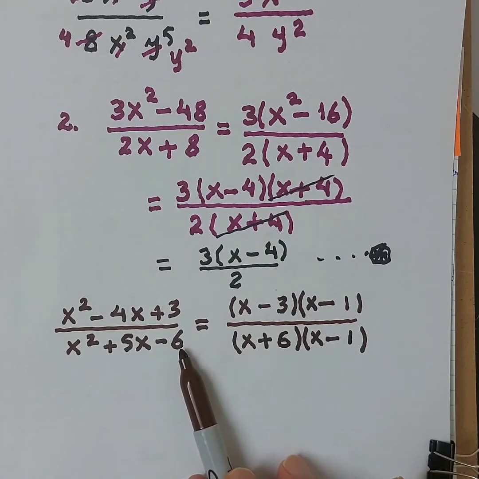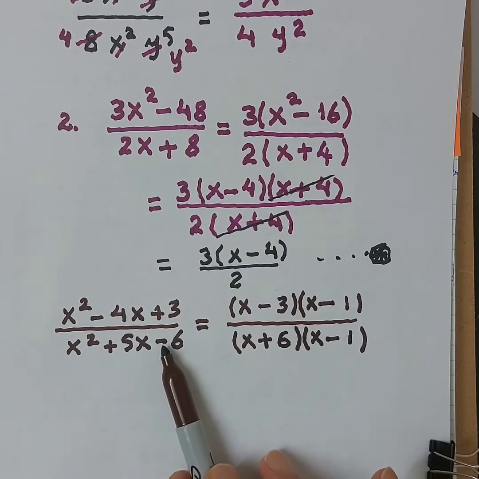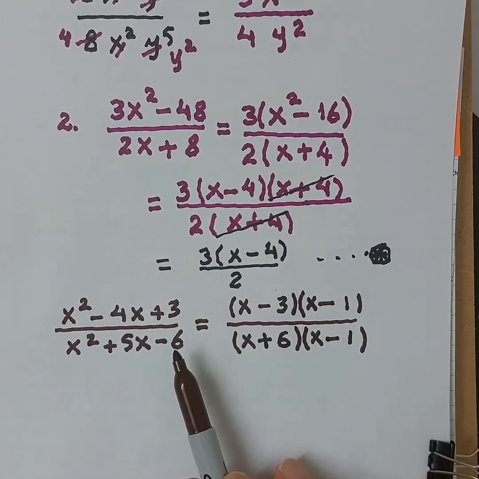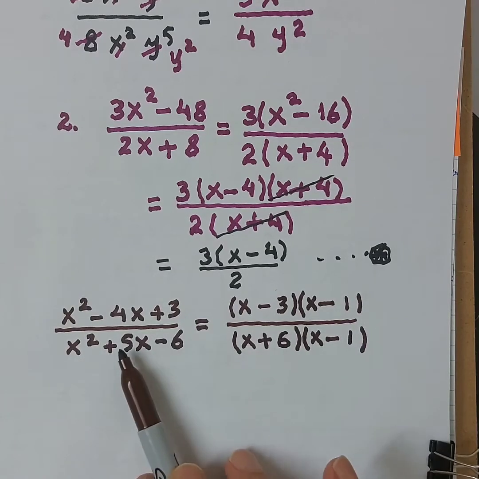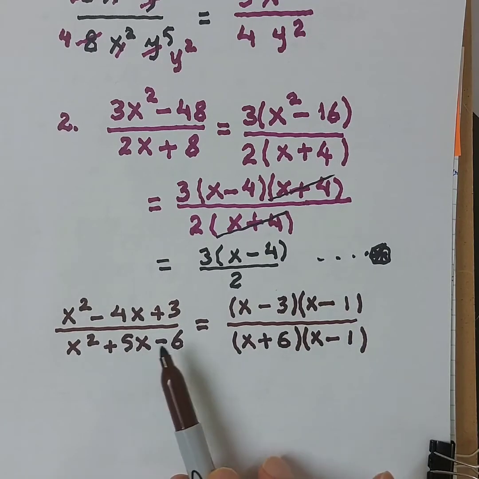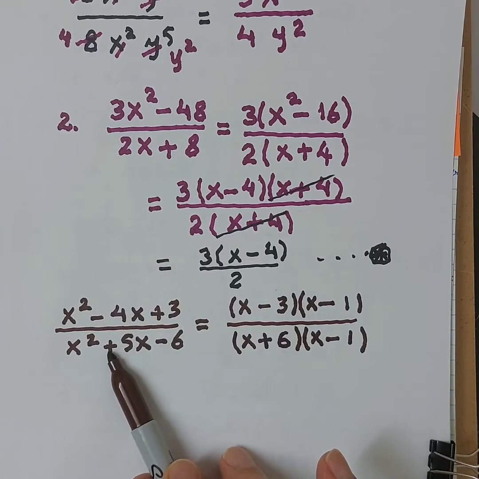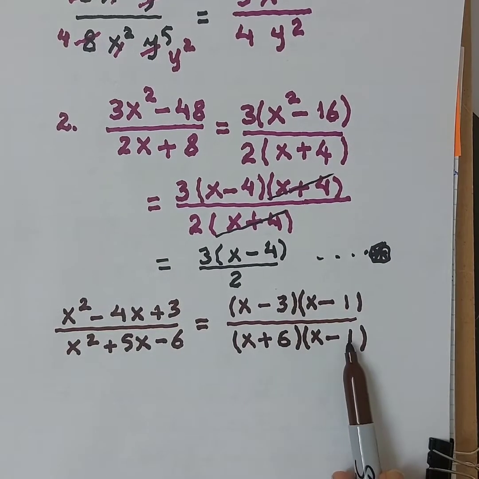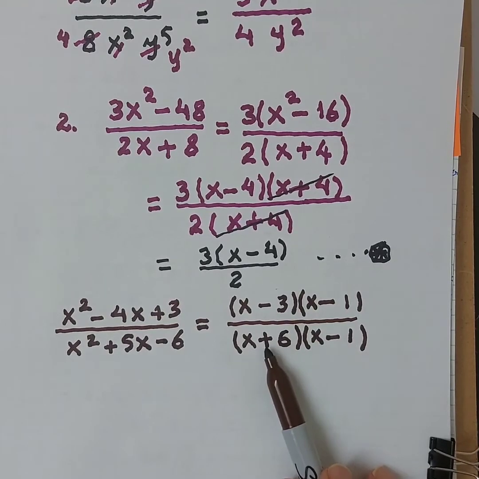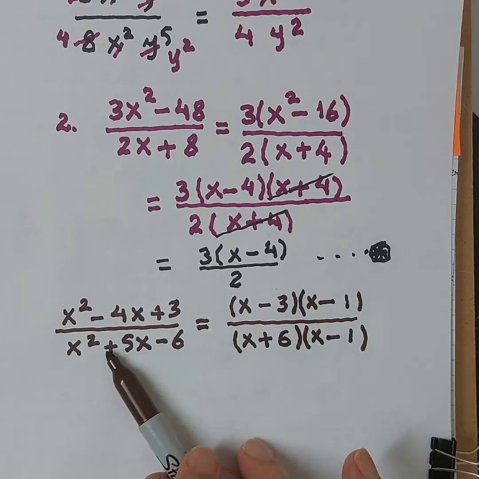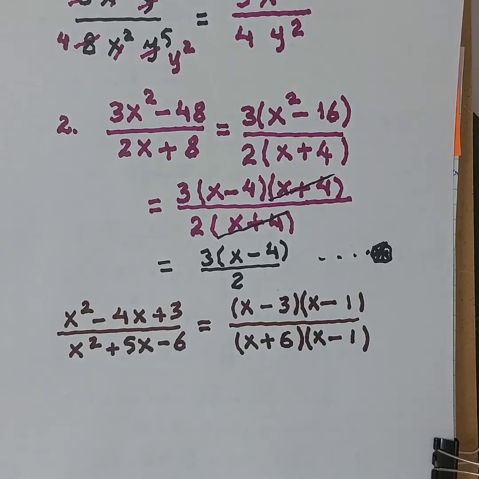When we factorize the number 6 here, as it is negative, we will factorize it into two factors that are different in their signs. And then the difference between them will be 5, and the bigger one will take the sign of the middle. So they are 6 and 1, and the bigger one we give it the sign of the middle, and the other is in the opposite.